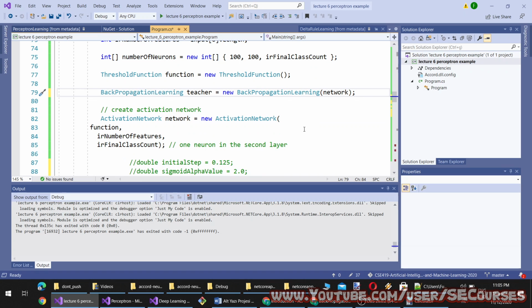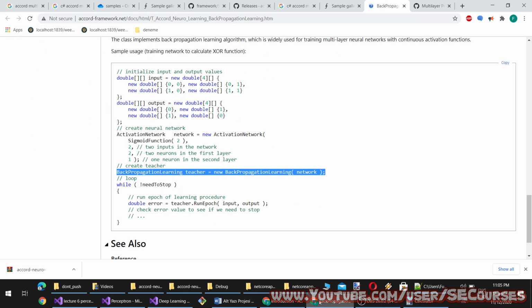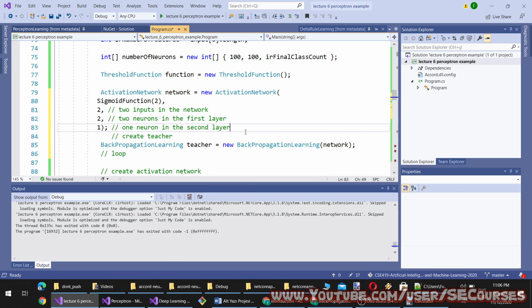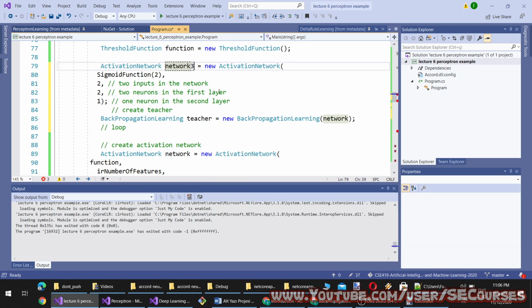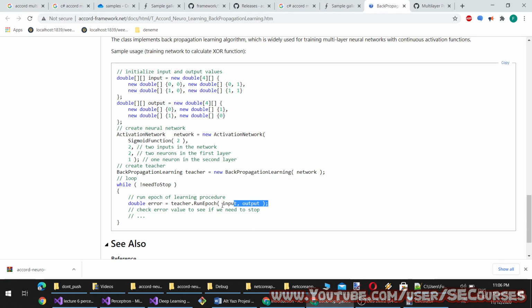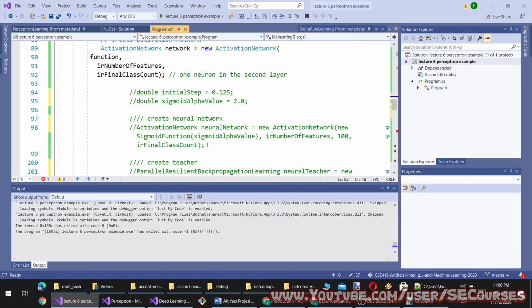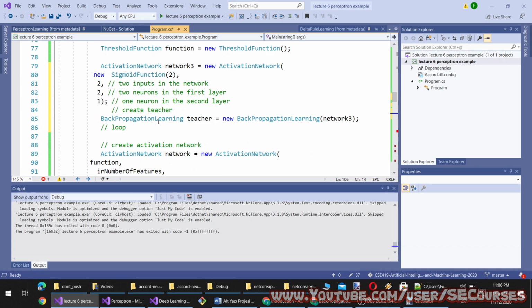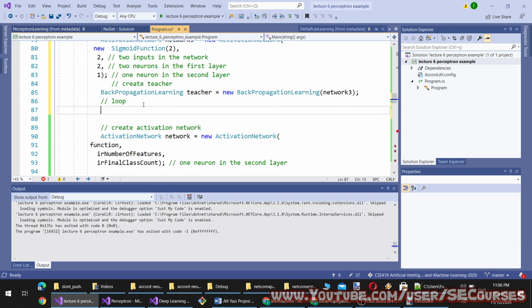Okay, let's try this. Function network 3, in sigmoid function 2, and the code is becoming much messier each time I copy paste.